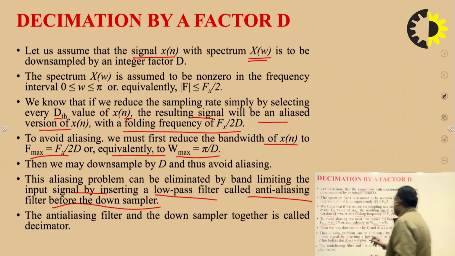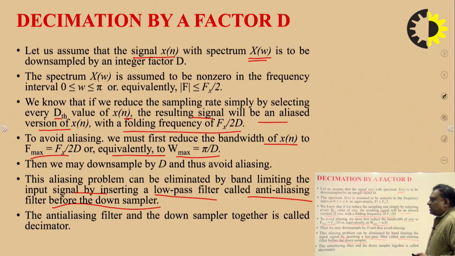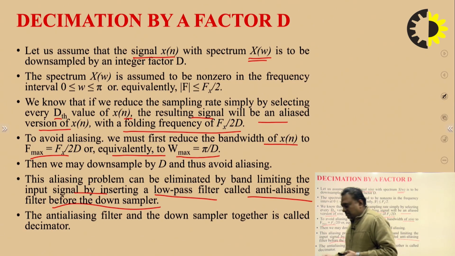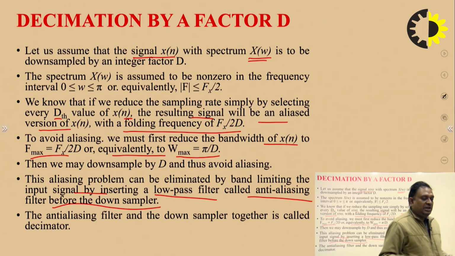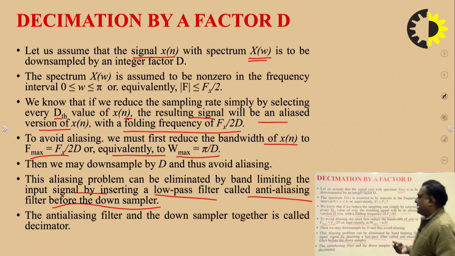So what we have to do, we know that after decimation our spectrum is going to expand. So for compensating it, we are decreasing the bandwidth of our input signal in the time domain. And how will we do it?